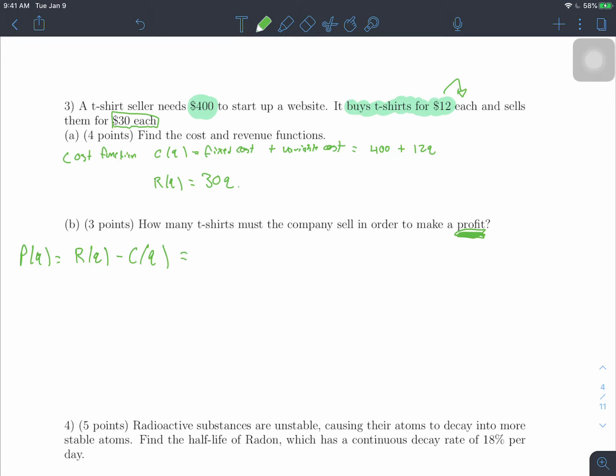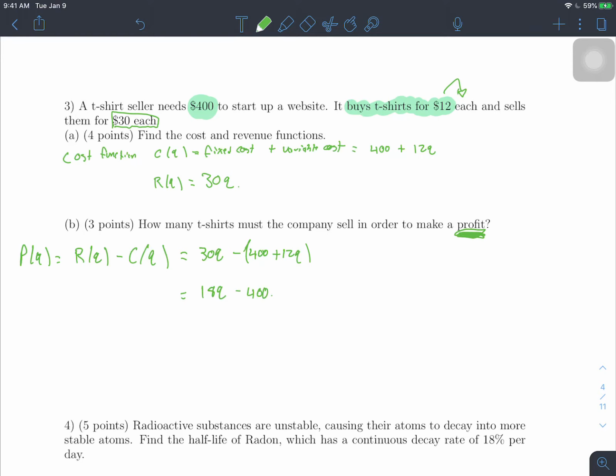And in our case, this is going to be 30q minus 400 plus 12q in parentheses, because remember, we want to subtract the entire cost function. So we will get 18q minus 400.